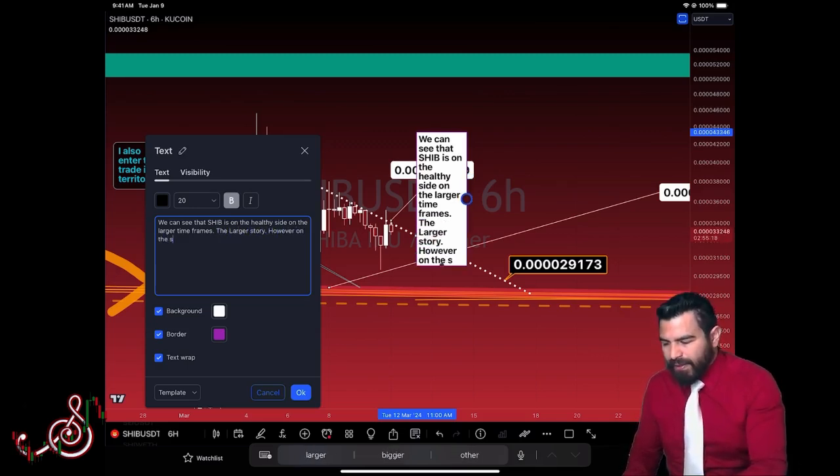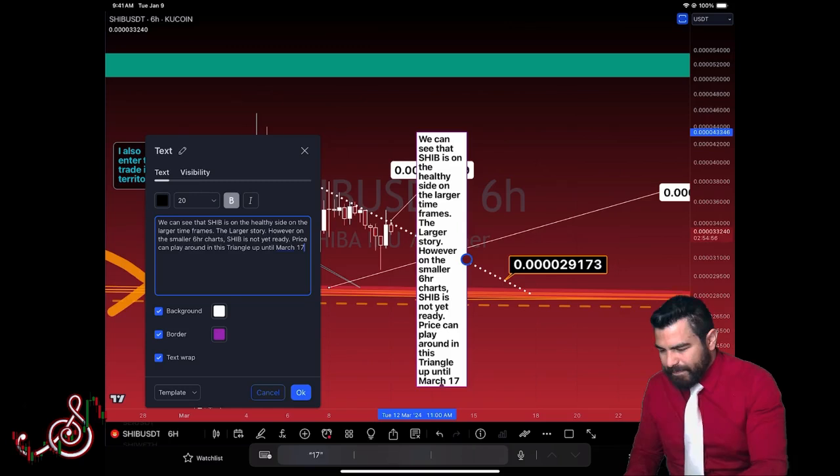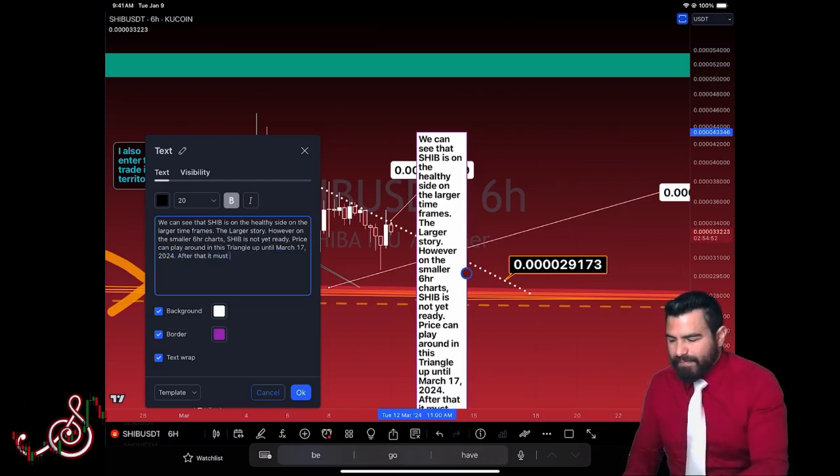However, on the smaller 6-hour charts, Shiba is not yet ready. Price can play around in this triangle up until March 17th, 2024. After that, it must make a decision up or down.